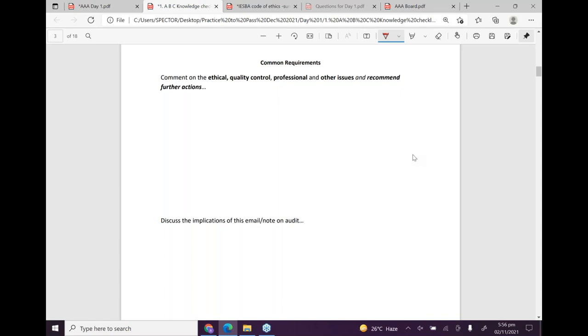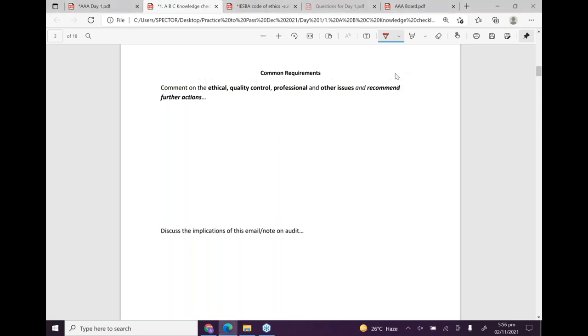Now, in terms of section A, B, and C, most of the time, your questions are going to be worded like this. So she is going to give you a scenario. It could be half a page, it could be full page, but she'll give you that scenario. And in the requirement, she would say, comment on the ethical, quality control, professional, and other issues.